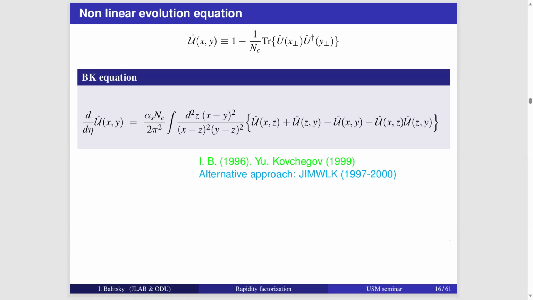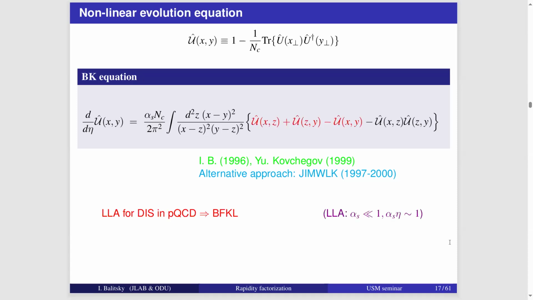The results are the same; some words are a little bit different. Okay, so what is the meaning of this equation? By the way, the first three terms form a linear equation, which describes the leading logarithmic approximation for deep inelastic scattering in perturbative QCD.